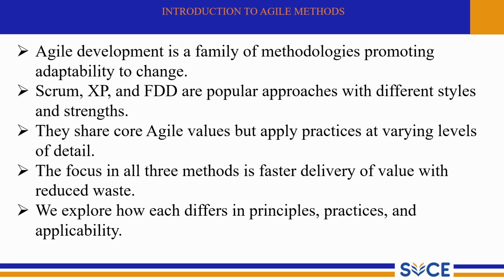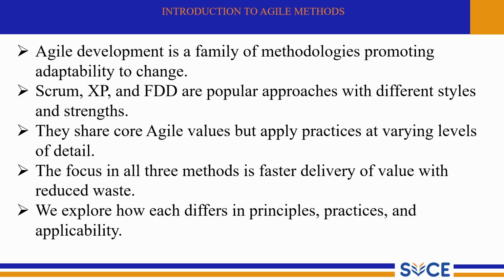Scrum, XP and FDD are popular approaches with different styles and strengths. Scrum focuses on time-boxed iterations, called sprints, daily stand-ups and roles like Scrum Master and Product Owner. The next one is XP, that is Extreme Programming.